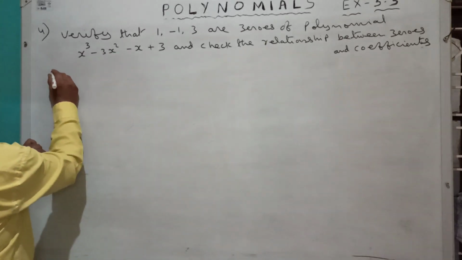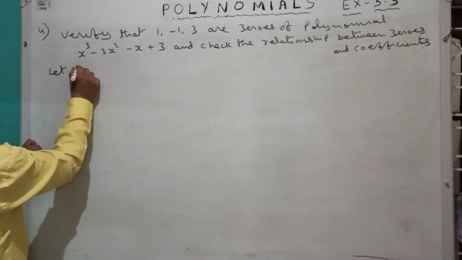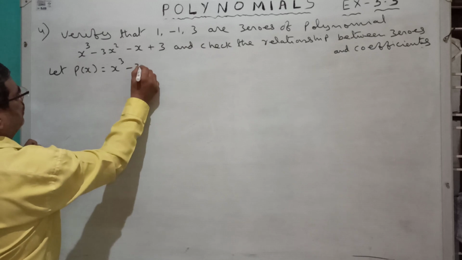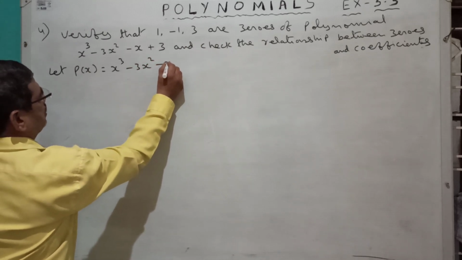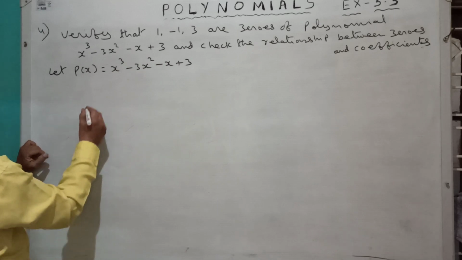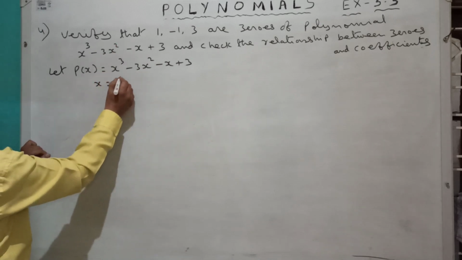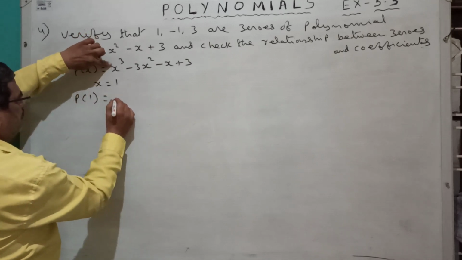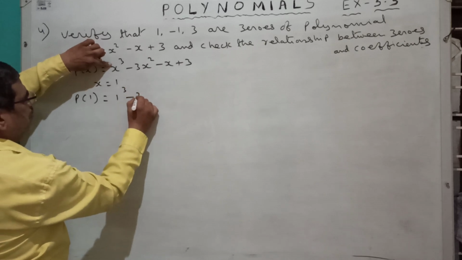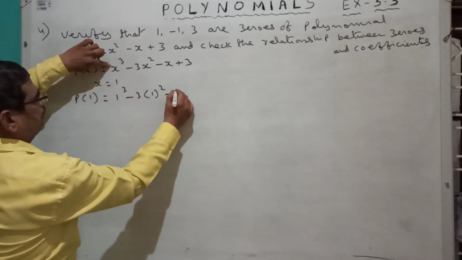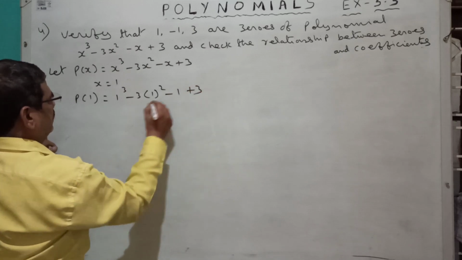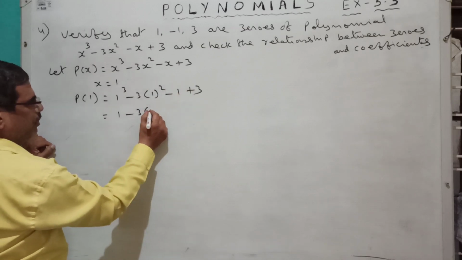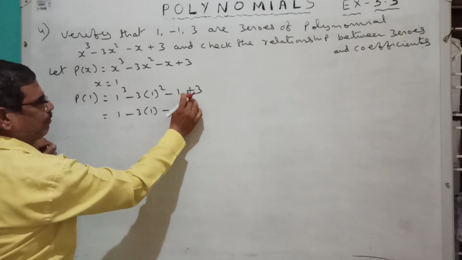So first one, let p of x is equal to x cube minus 3x square minus x plus 3. Take x is equal to 1. So p of 1 means 1 cube minus 3 into 1 square minus 1 plus 3. 1 cube means 1, minus 3 into 1 square means 1 into 1, minus 1 plus 3.